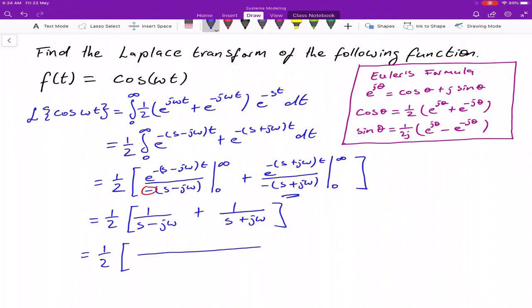So we take the common denominator, s minus j omega, s plus j omega, and on top we are going to have s plus j omega plus s minus j omega.